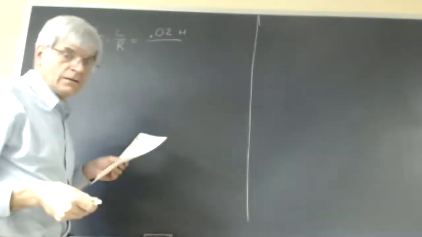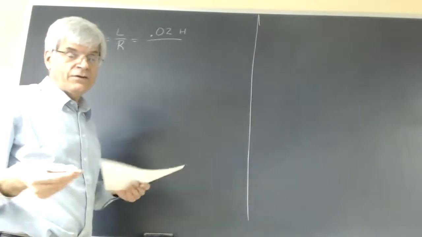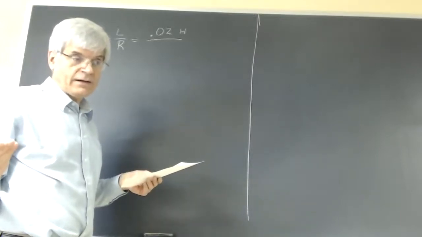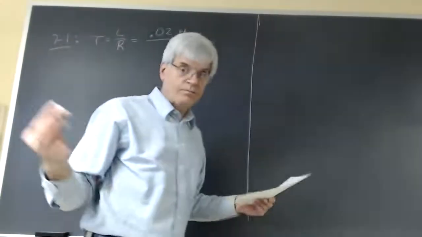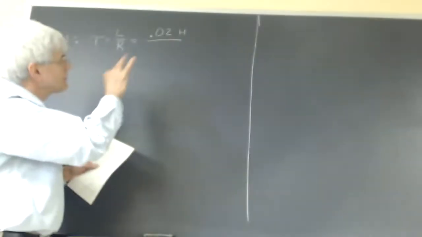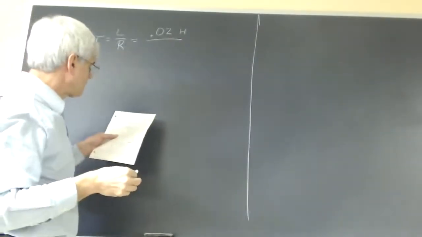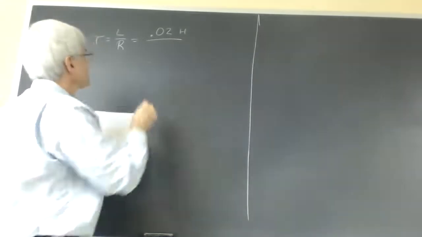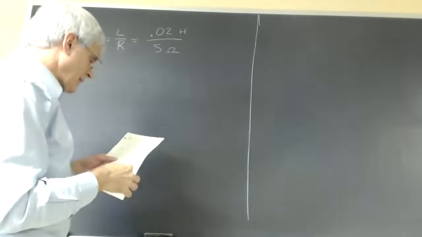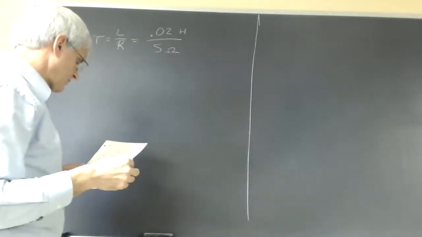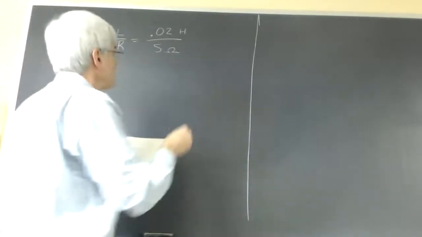Inductance, 20 millihenries, it's the same story as with many types of calculations. You have to convert into the proper unit. So millihenries to henries, you move the decimal 3 places, 0.02 of a henry. Divide by 5 ohms and 0.004.